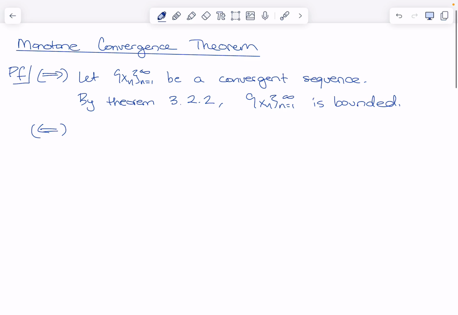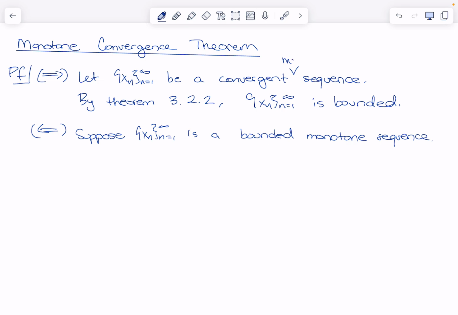Okay. So we're going to suppose what? Suppose it's bounded. So we're going to suppose our sequence is bounded, and I should put in here that it's a monotone sequence.